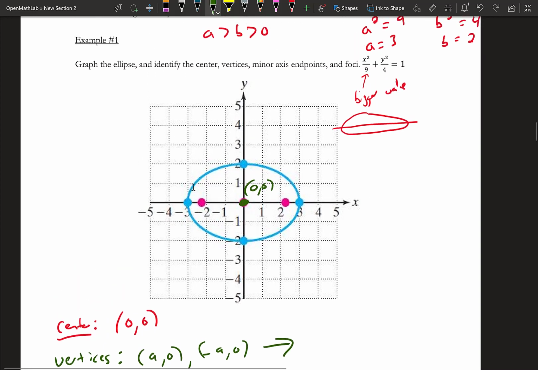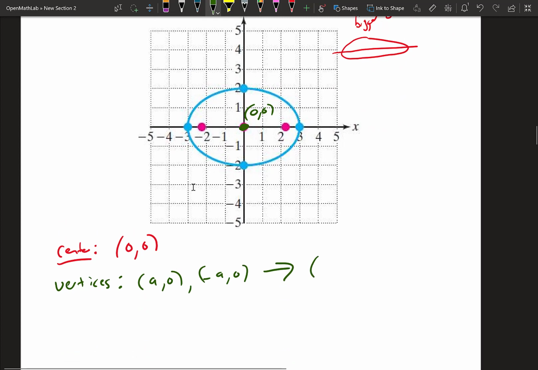Just filling in that a is 3, we get the points 3, 0, and negative 3, 0. So that's these points here, and I'm pulling this information from that table on the previous page.